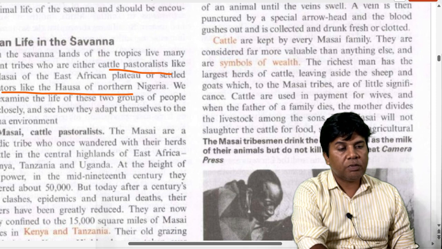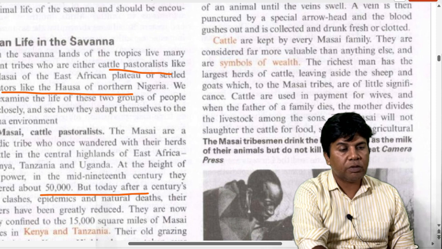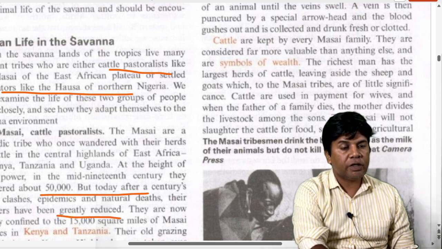At the height of their power in the mid 19th century, they numbered about 50,000, but today, after centuries of tribal clash, epidemic, and natural death, their number has been greatly reduced. They are now mainly confined to the 15,000 square miles of the Masai Reserve in Kenya and Tanzania.